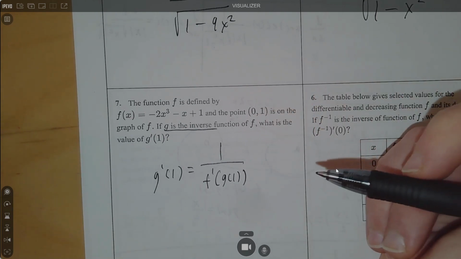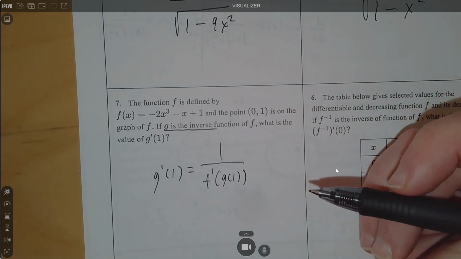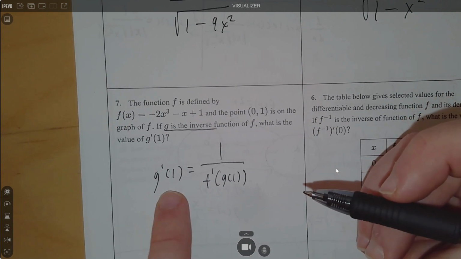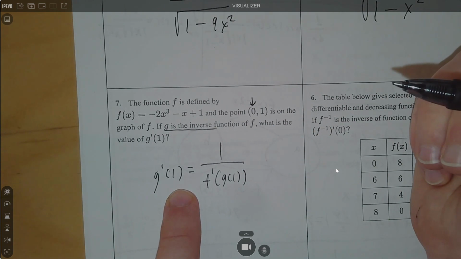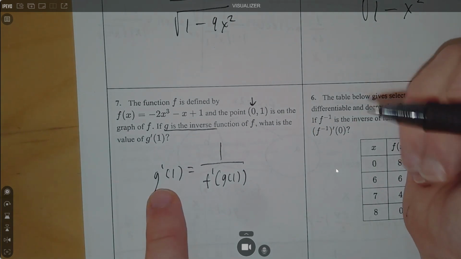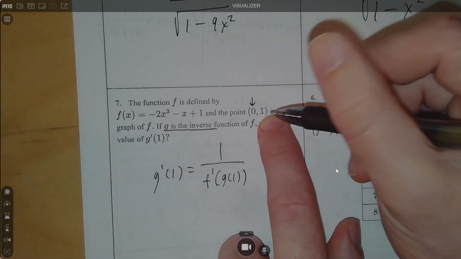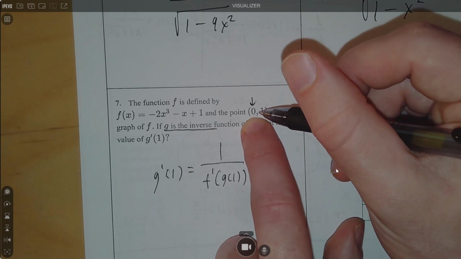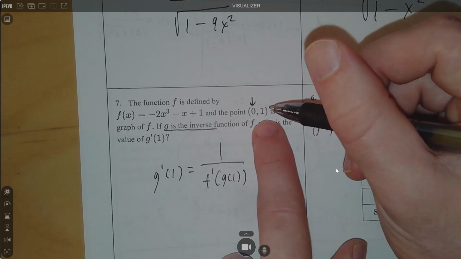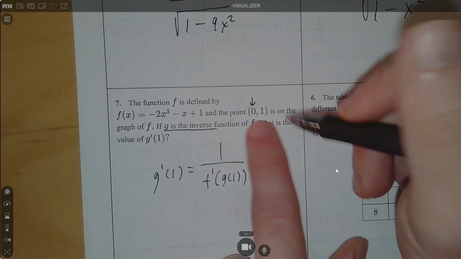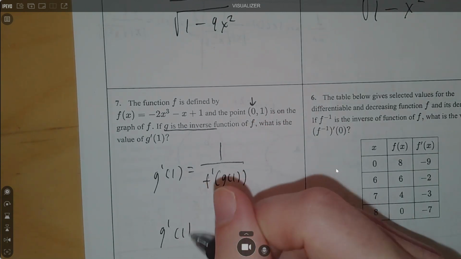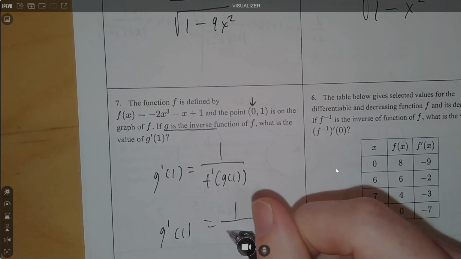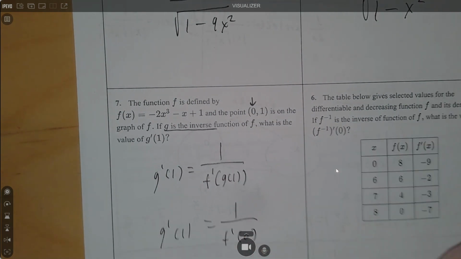So let's start filling this in. What is g of 1? g of 1 is 0, because it's an inverse function, it is taking the y value and giving me back the x. That's what inverses do. So this is the same as g prime of 1 equals 1 over f prime of 0.